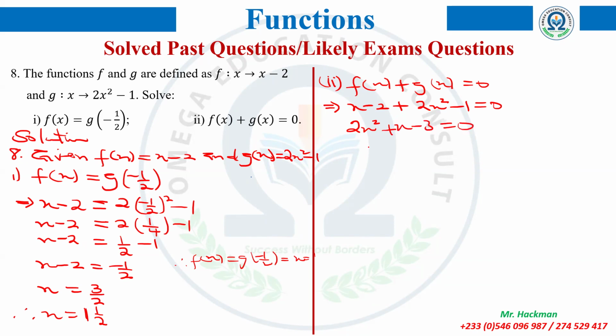So I check if I can factorize. I have to look for the product of 2 and minus 3, and that will give me minus 6. I'm looking for the factor pair which, when I multiply, I will get minus 6, but when I add, I will get the coefficient of x, which is 1. So I'm waiting. Which factor pair are we supposed to consider?